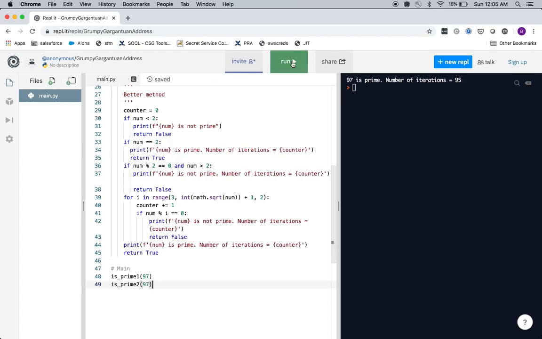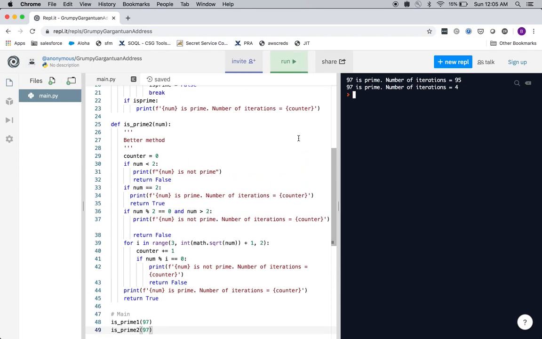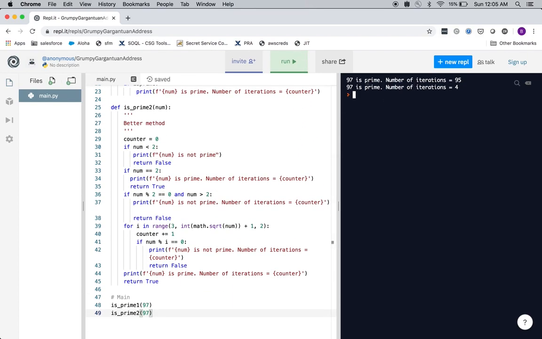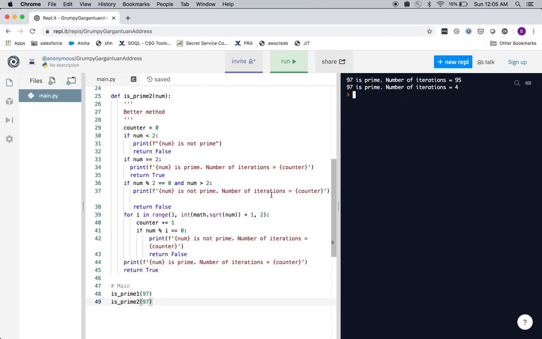So you can see that the first function, again, as we saw before, says 97 is prime, which is correct, but it took 95 iterations to get to that result. But in the second solution, it took only 4 iterations to get to the same result, right?